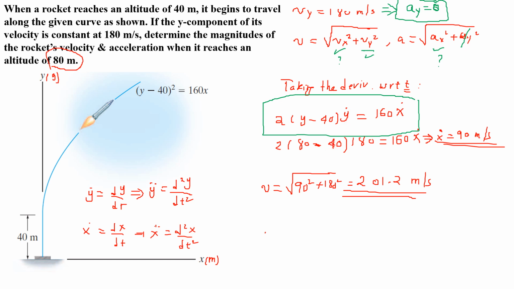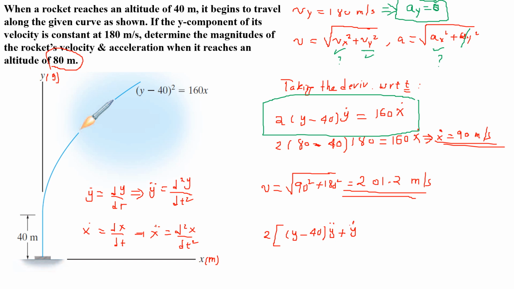So we have 2, I'll just put outside. Let me fix the first one, which is y minus 40, and take the derivative of the second one, which will be y double dot. Plus, now let me take the derivative of the first one, which will be simply y dot, because y minus 40 is just a constant, and already I have y dot.